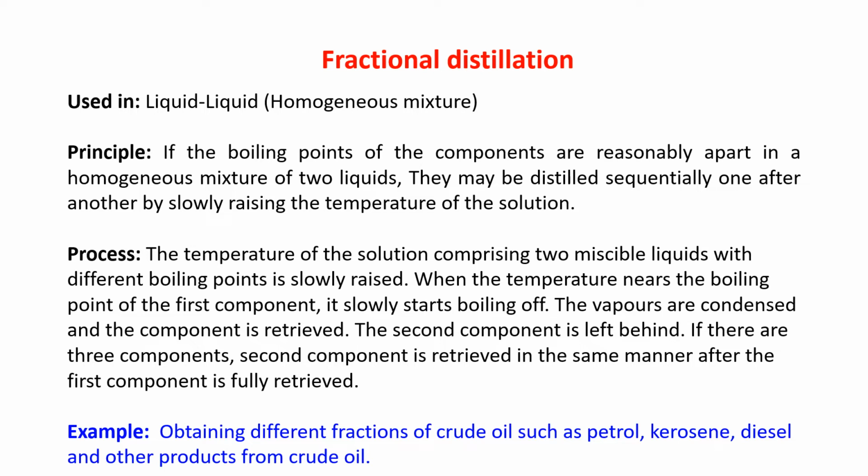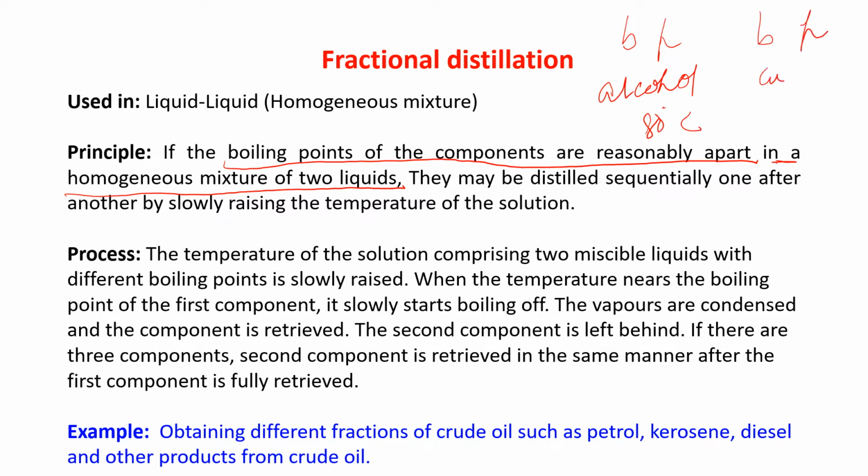If the boiling points of the components in a homogeneous mixture of two liquids are reasonably apart, suppose we want to separate the mixture of alcohol and water. The boiling point of alcohol is 80 degrees centigrade and the boiling point of water is 100 degrees centigrade.